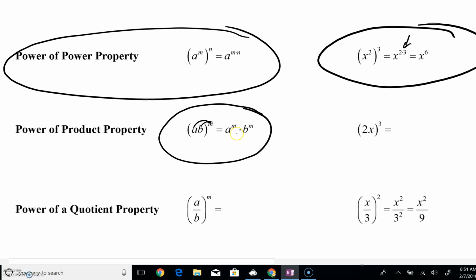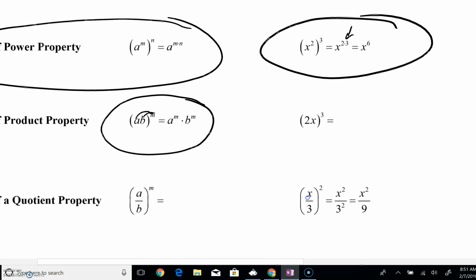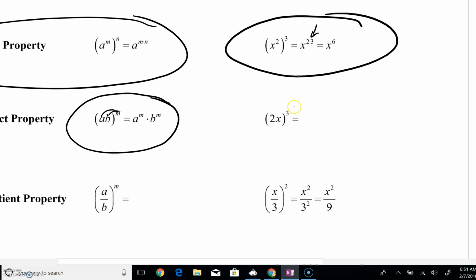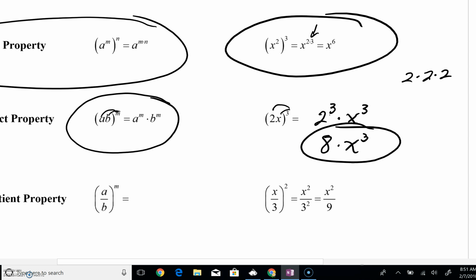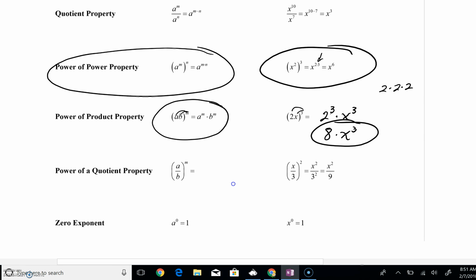You'd apply the m power to both. And right here, this 2x to the third, what you're going to see is you'd apply the third to both of these. And what is 2 to the third power, by the way? 2 to the third power, 3 2's multiplied together is 8. So that's really what we're going to be dealing with today.